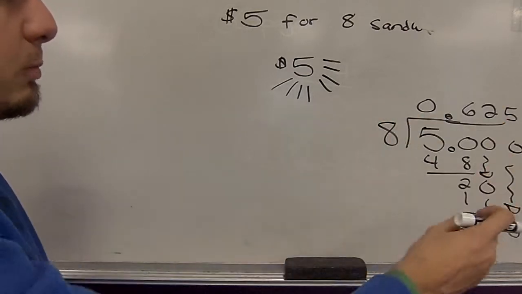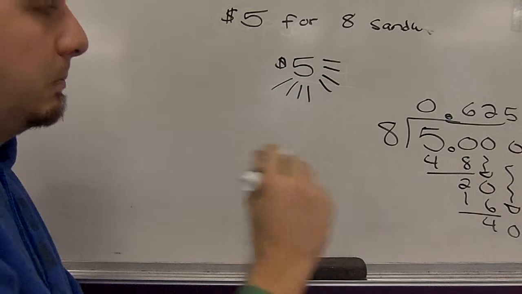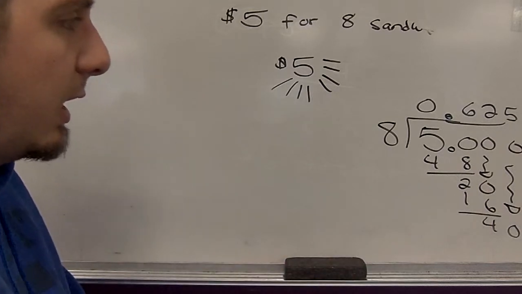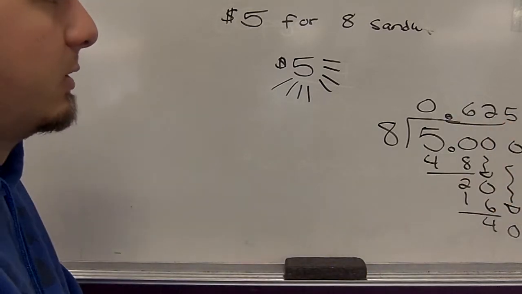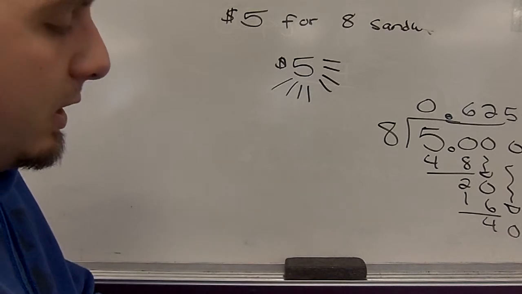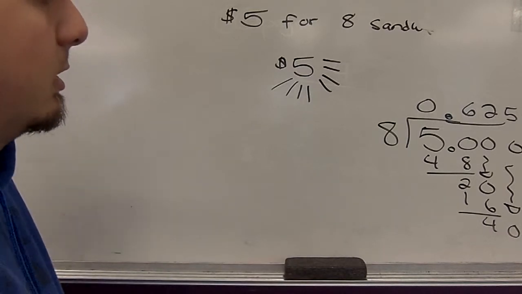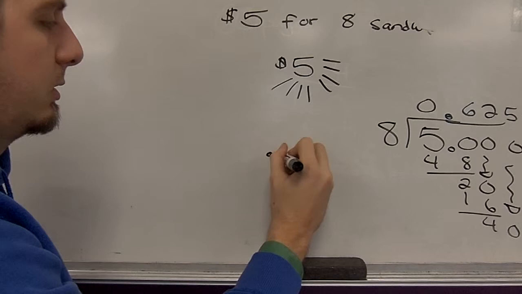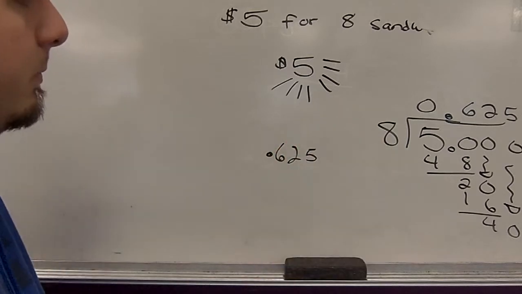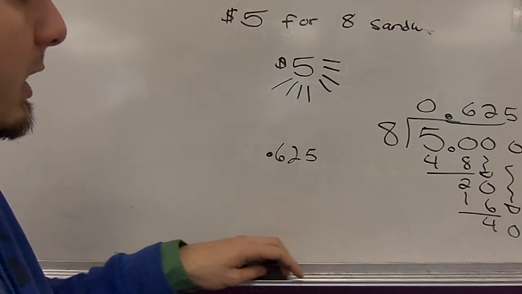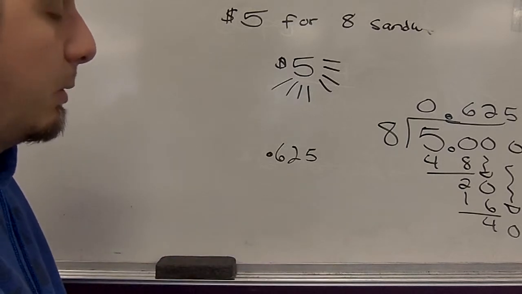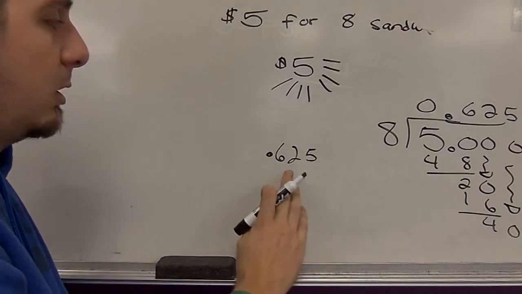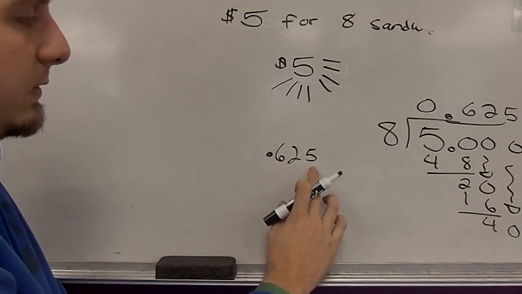So what this has told me is that essentially I have paid 63 cents per sandwich. The reason why I say 63 cents is because I got 0.625 for my unit rate per sandwich. But when we're talking about money, you don't pay 62.5 cents.